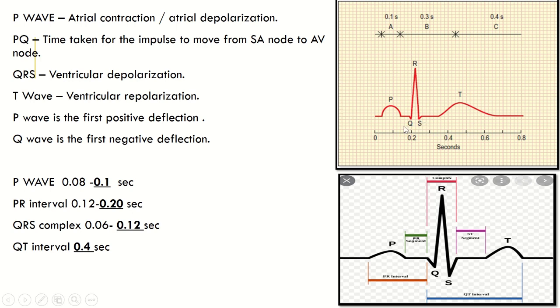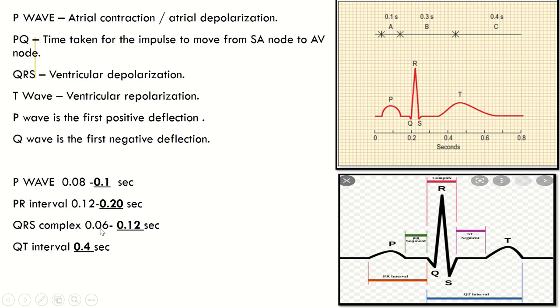In this you can see the P wave takes about 0.08 to 0.1 second, and the PR interval is from the starting point of P until the starting point of Q. It takes about 0.12 to 0.20 seconds.